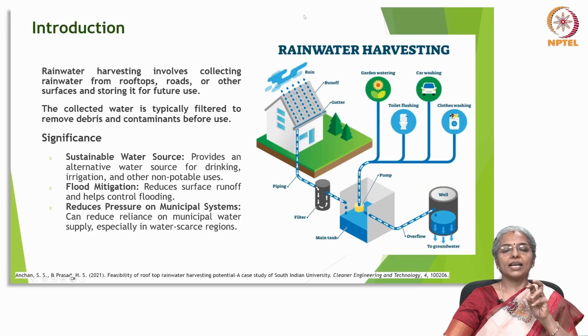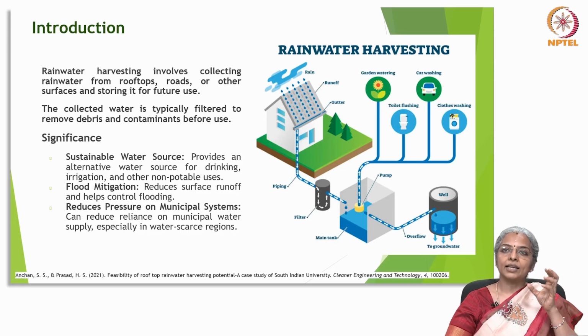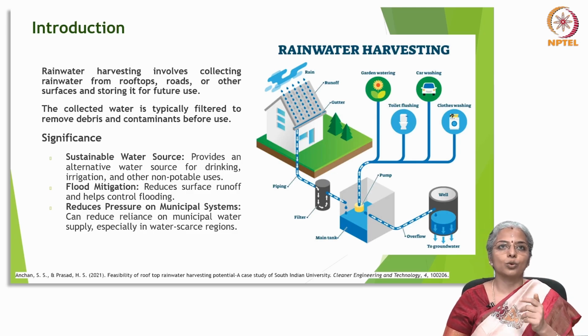So, what is rainwater harvesting? As the name suggests, rainwater harvesting involves collecting the rainwater from various places like rooftops or roads or pavements or any surfaces, sunshades and so on, and you have to store this rainwater for future use.